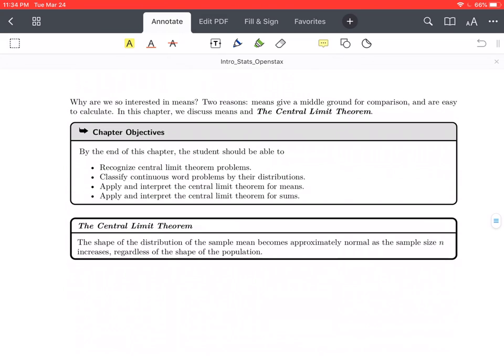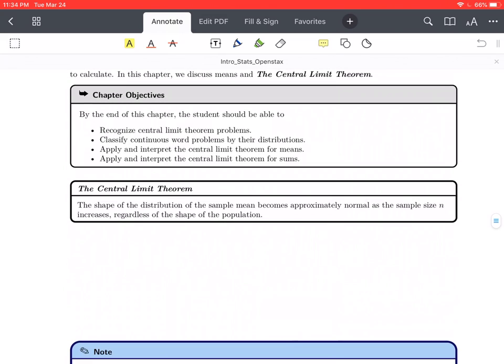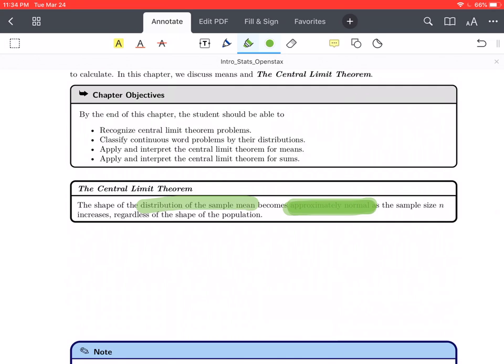To start off, the Central Limit Theorem says the shape of the distribution of the sample mean becomes approximately normal as the sample size n increases, regardless of the shape of the population. So the big key here is the distribution of the sample mean becomes approximately normal.